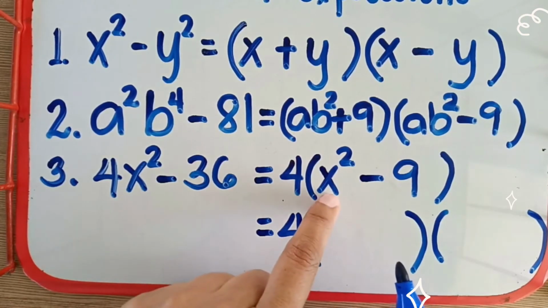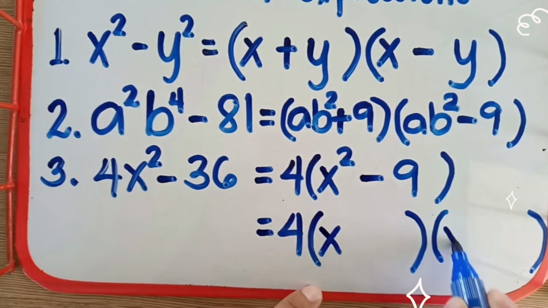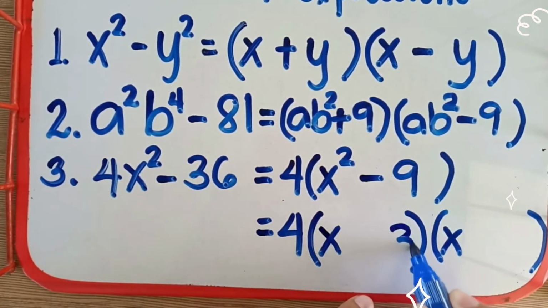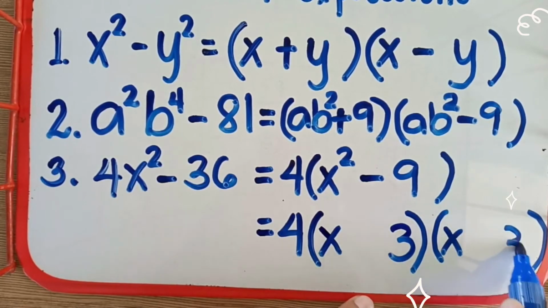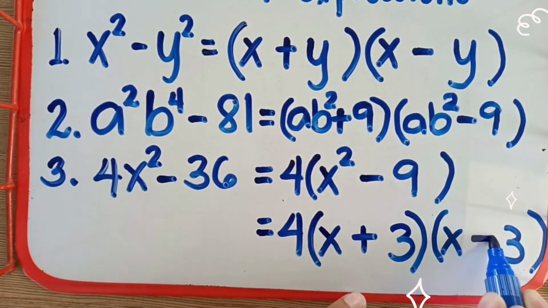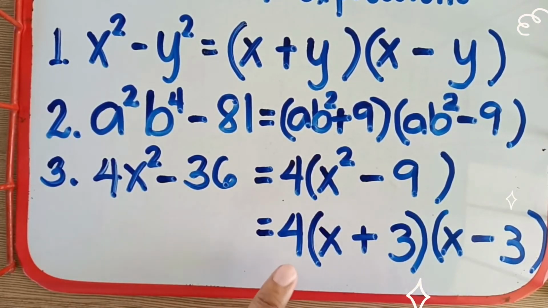The square root of x squared is x, and the square root of 9 is 3. Then we have the sum and the difference of the square roots of these 2 terms. So our factor is 4 times the quantity x plus 3 times the quantity x minus 3.